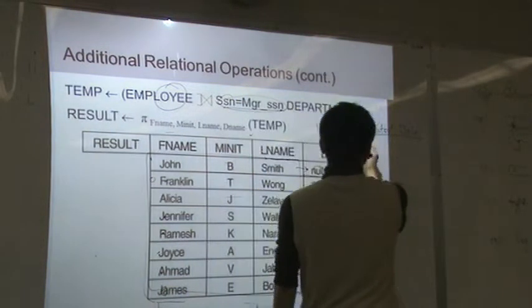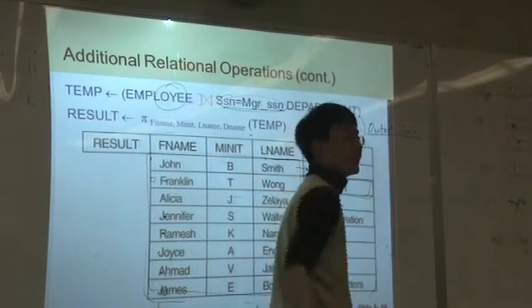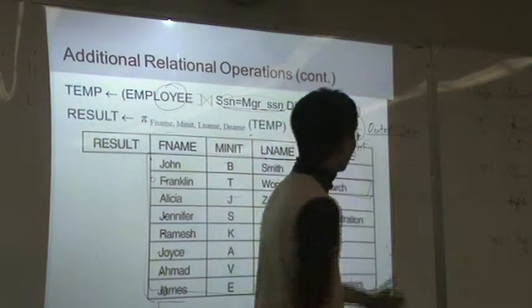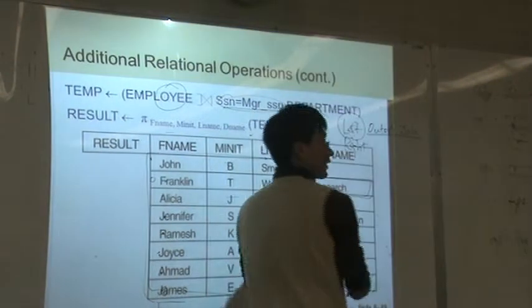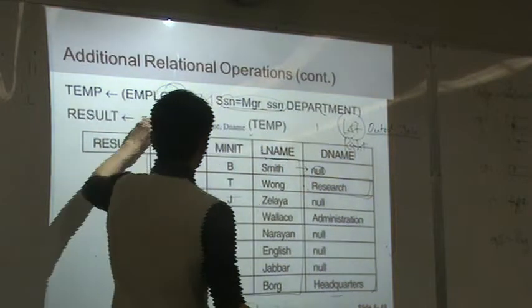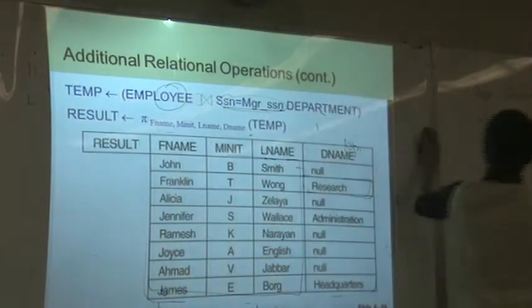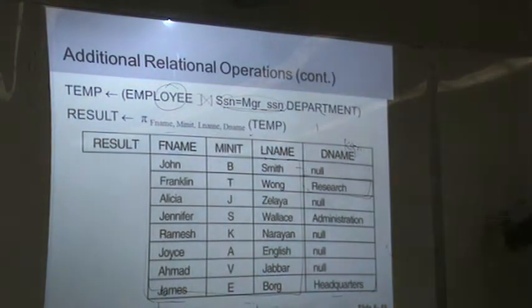Somebody may be curious, what about the right outer join? Yes, that's possible. We keep all the data on the right hand side. I will give the example.